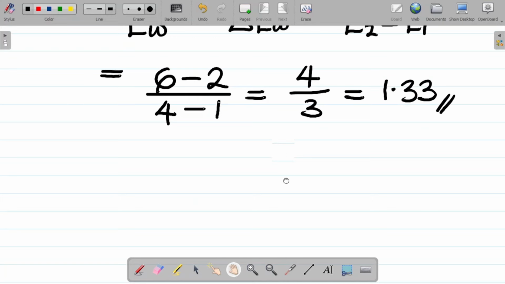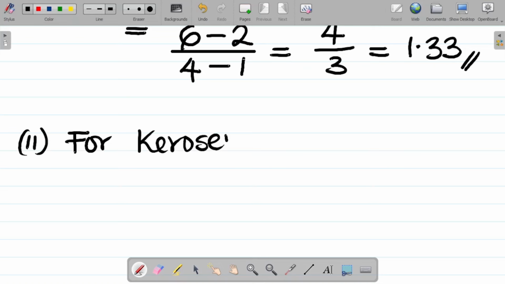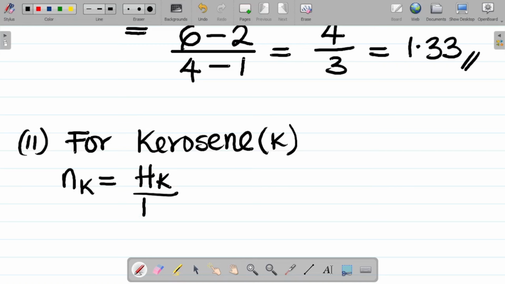Now, don't forget, kerosene is still under the same graph sheet. So I'll come down here, I'll say for kerosene, N of kerosene is equal to H of kerosene all over L of kerosene, which is better written as change in H of kerosene, since I'm taking slope, all over change in L of kerosene.